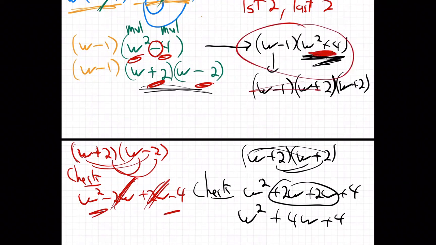You're just done right here. You can't go any further. This isn't true. If you have W squared plus 4, stop. That's it. You're done. It can't go any further. It looks like it's W plus 2, W plus 2 twice, but it's not. Because that would give you a 4W in the middle. That's not the same thing. Does everybody see that?